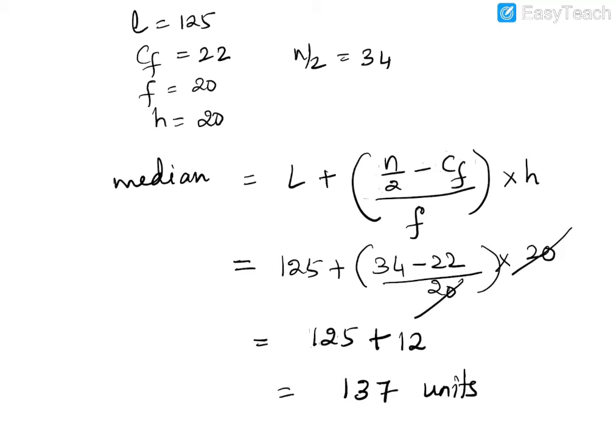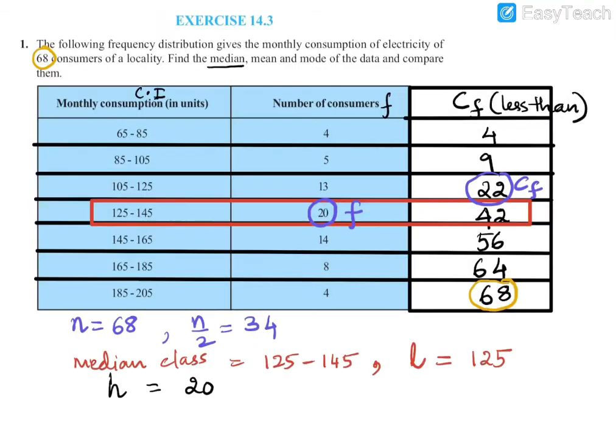That means this is the value that divides the data into two equal halves, such that one half has consumption of electricity less than 137 units and the other half has consumption more than 137 units. And this number 137 lies between 125 and 145.